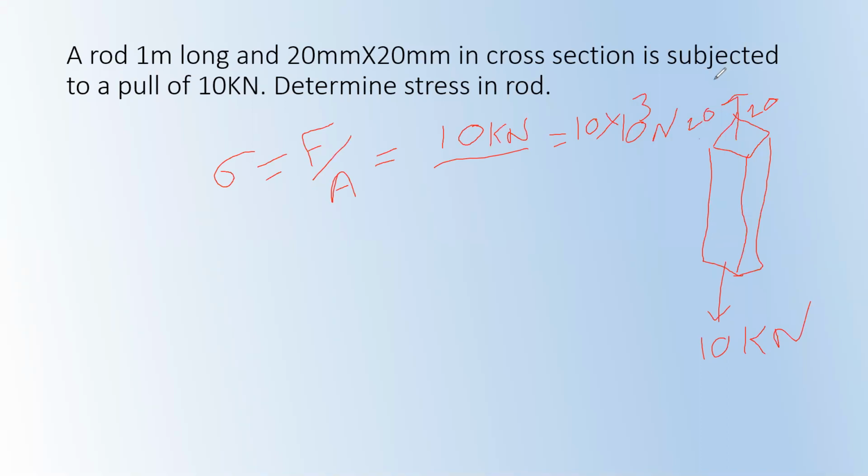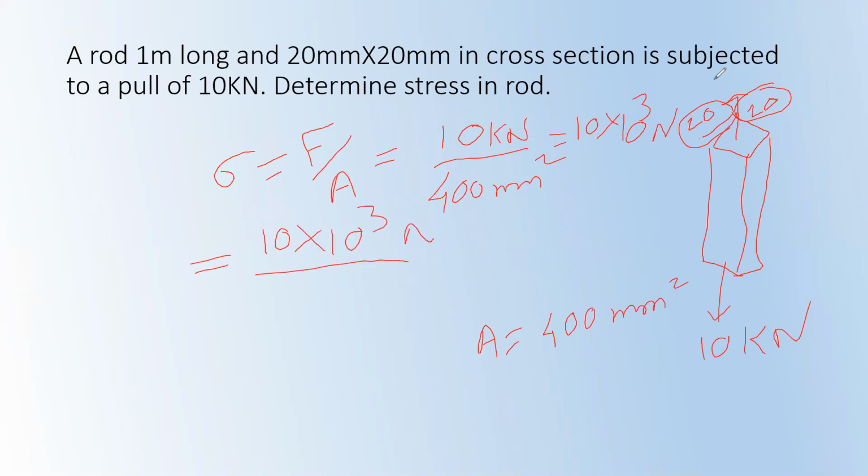Area is 20 into 20, that is nothing but 400 mm square. So it is 10 kilonewton upon 400 mm square. What will it become? It will become 10 into 10 raised to 3 Newton upon 400 mm square.